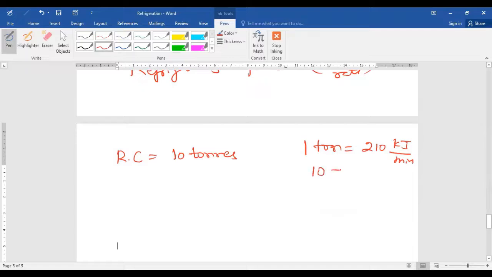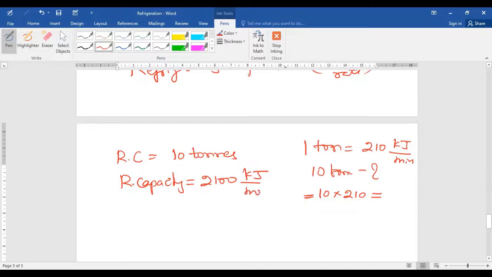So for 10 tons, how much is the value? 10 into 210 will be the value of the refrigerating capacity. So the refrigerating capacity is 2100 kilojoule per minute in this equation.